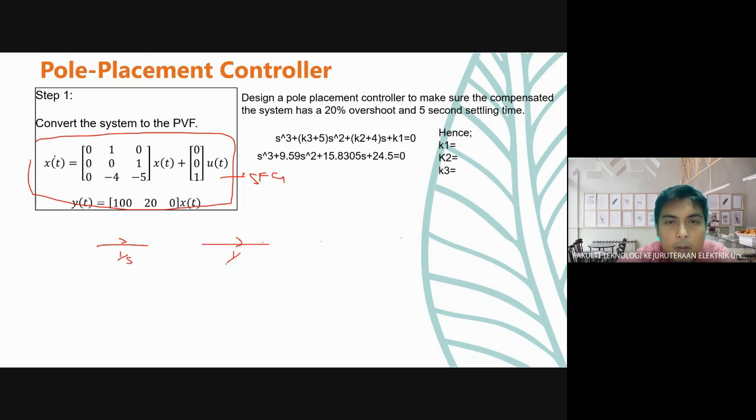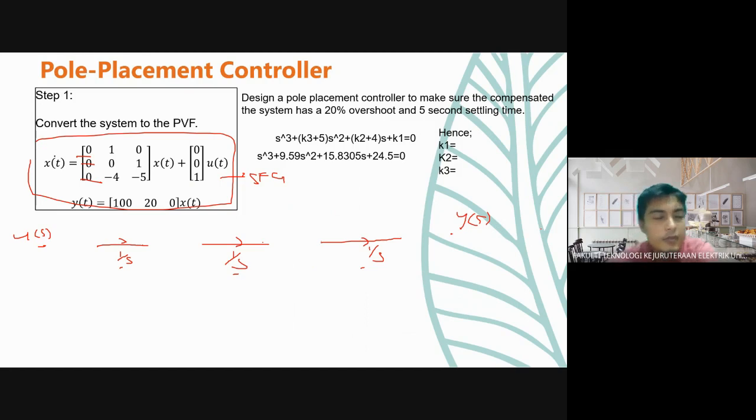Remember, because every integrator will represent one, two, three. Okay, and then after that, you must have it starting from the input and end with the output.